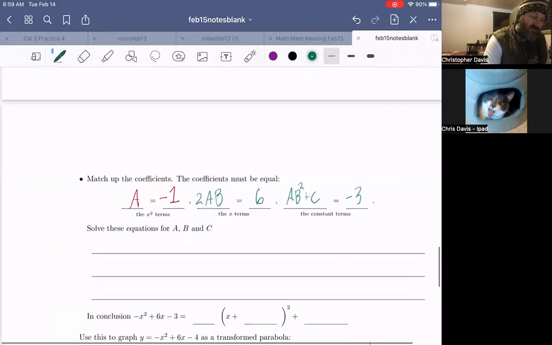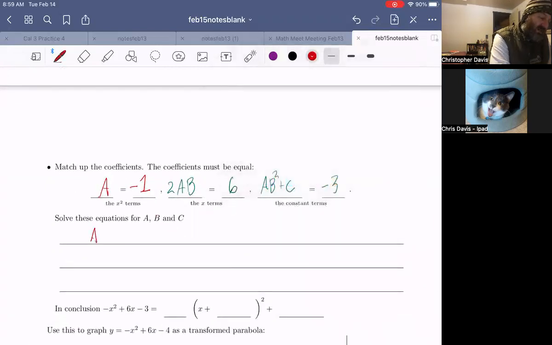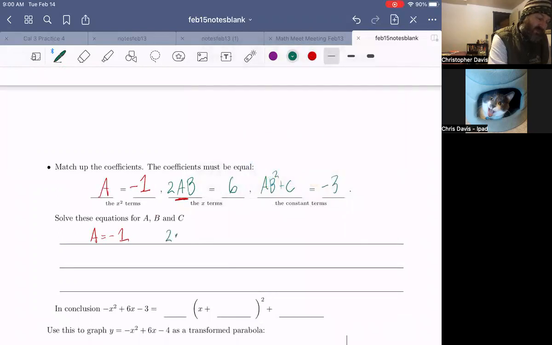And some of these are just already known. You already know that a equals -1. So let's take that -1 and plug that in there. That'll become 2 times -1 times b equals 6. So that's -2b equals 6. It sure looks like b is equal to -3. Very good. All right, so I know a and I know b.